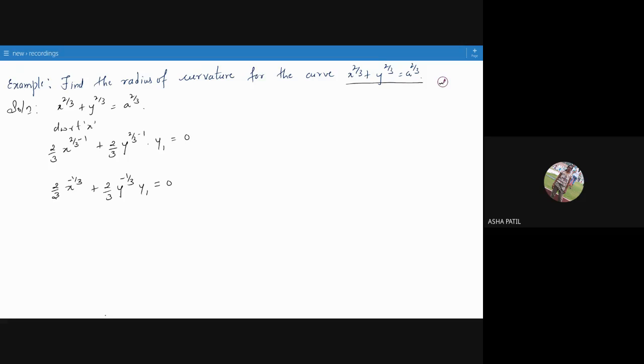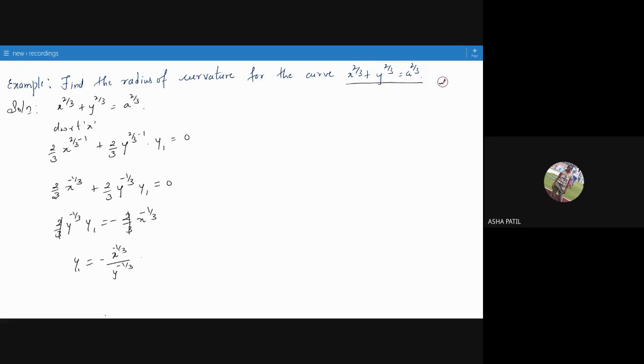So we have got the value of y1. Let me write 2 by 3, y raised to minus 1 by 3 y1 is minus 2 by 3, x raised to minus 1 by 3. So 2 by 3 gets cancelled from LHS and RHS. y1 equal to minus x raised to minus 1 by 3 divided by y raised to minus 1 by 3.